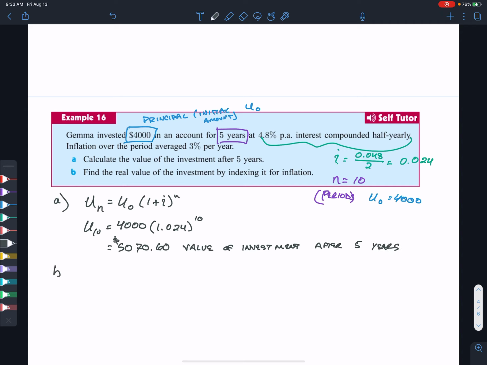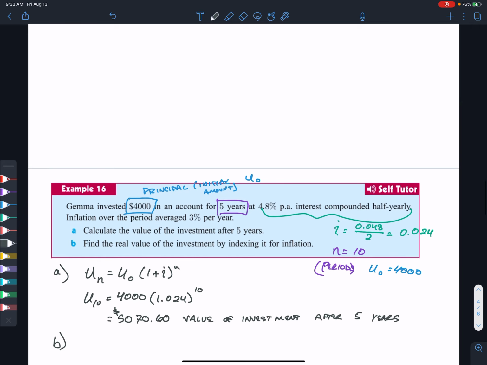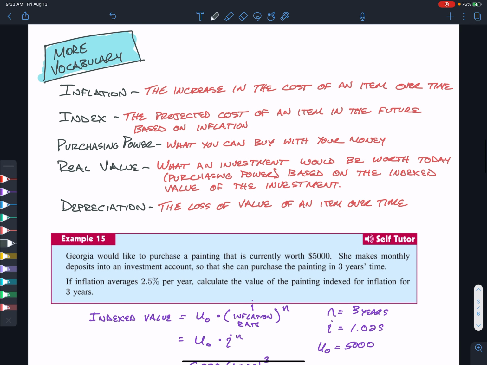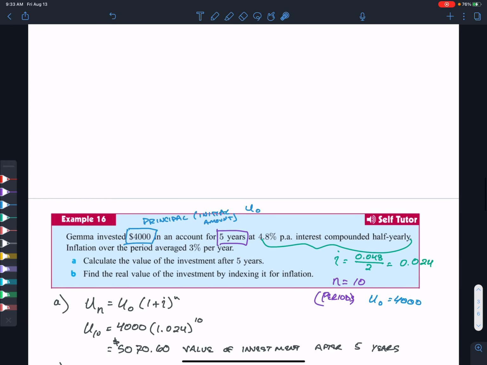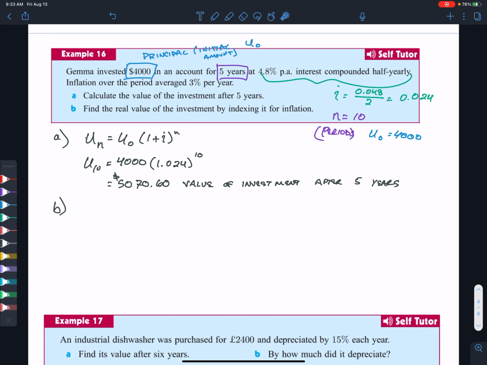And then part B says find the real value. The real value is what an investment would be worth today based on the indexed value.